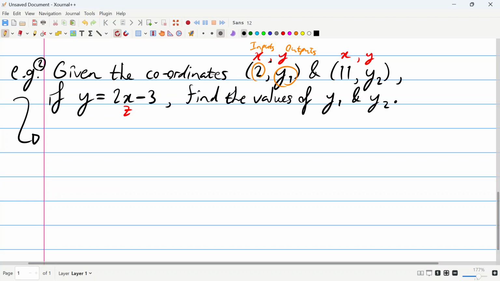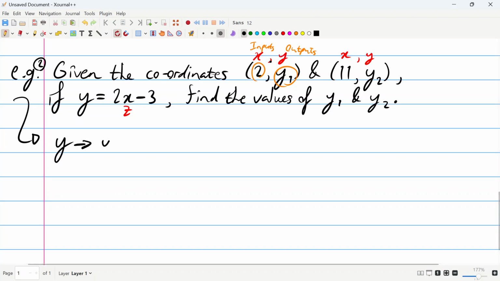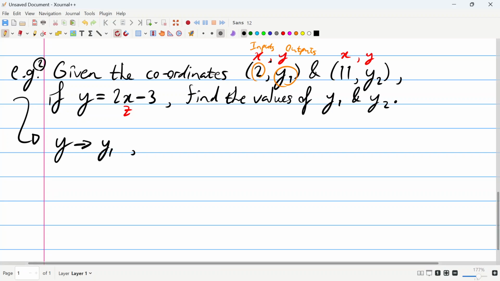Anyway, let's find y1. So meaning our output, which would be y, would actually be y1, meaning we're going to replace y with y1. So here, the first step is to replace y with y1, and we're also going to replace x with 2 for the first one, obviously, okay?